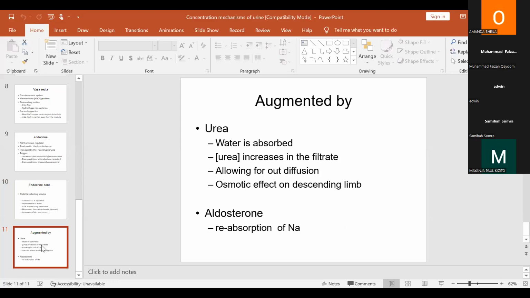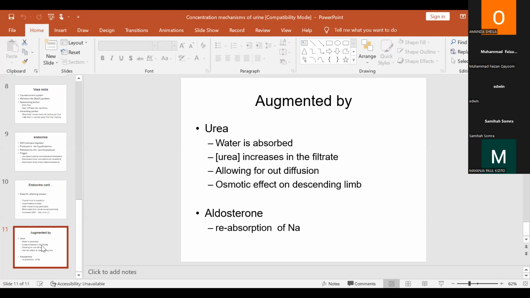In fact, urea contributes 50% of the concentration mechanisms of the medulla.